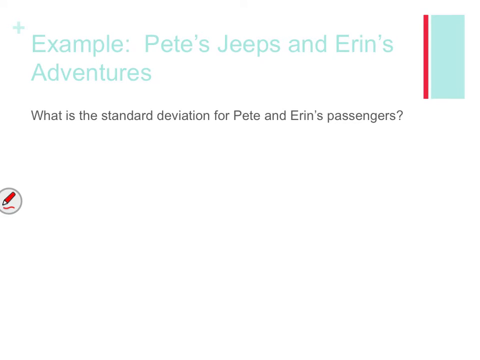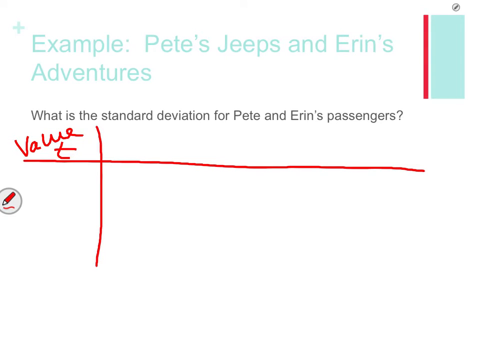Okay. So our new chart then would look like this. So now we have T, our values of our passengers. So we talked about now this, that it's anywhere from 4 to 11.